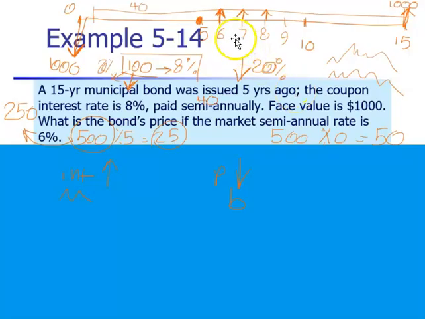So now we are at the beginning of year 6 and you have all these cash flows coming. Cash flows of 40, 40, 40, 40, and at the last year you have $1,040.